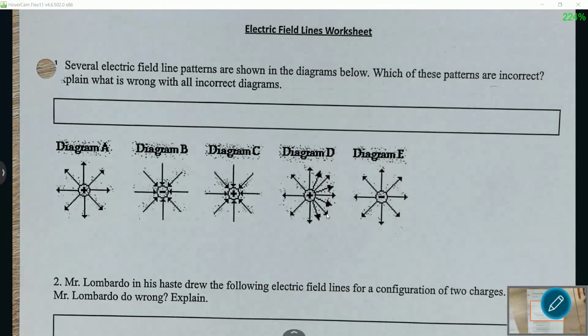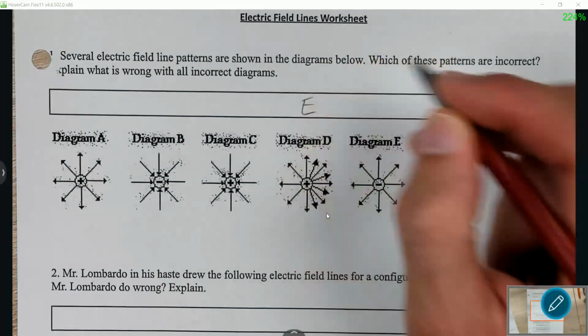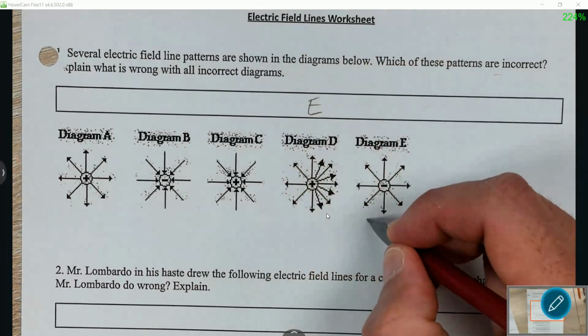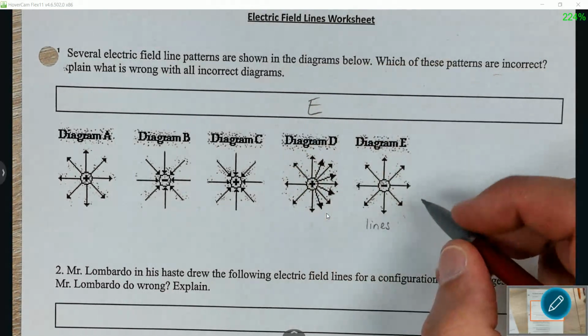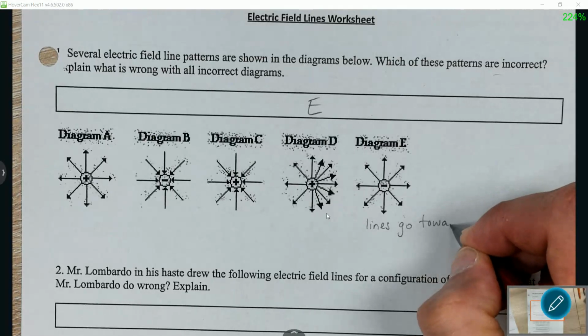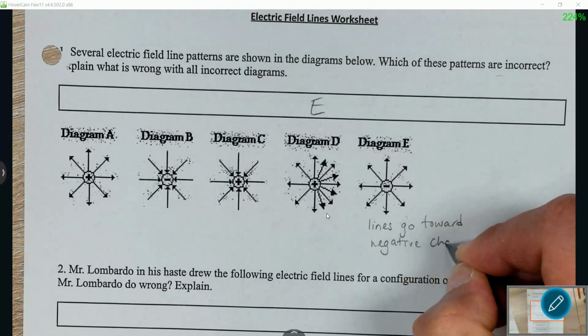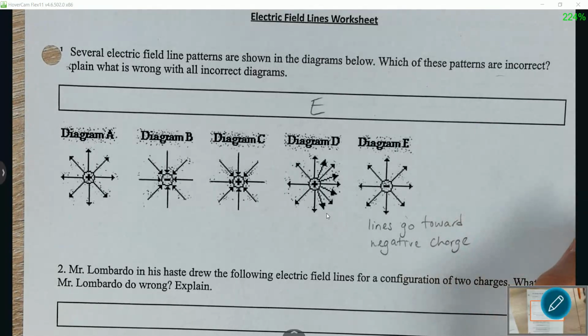E is one of them because it's radiating out. So E is one, and why? Because lines go towards negative charge. D is one.